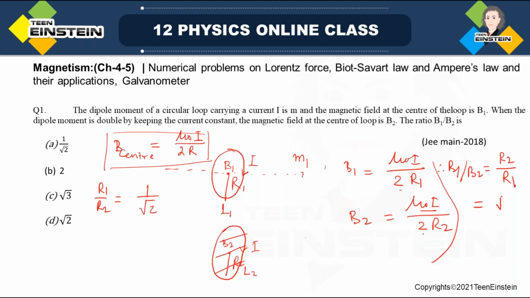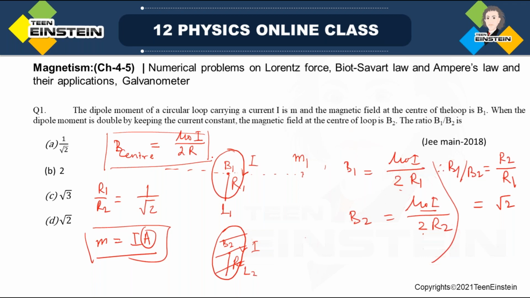So look, the fundamental point is that you have to remember the definition of magnetic moment, that is I into A. And you have to guess that since the current is kept constant, the radius has to be increased, or there should be a relationship between the radii of these two loops. From that relationship, we put r1 and r2 after taking the ratio of the magnetic field at the center for both the loops.